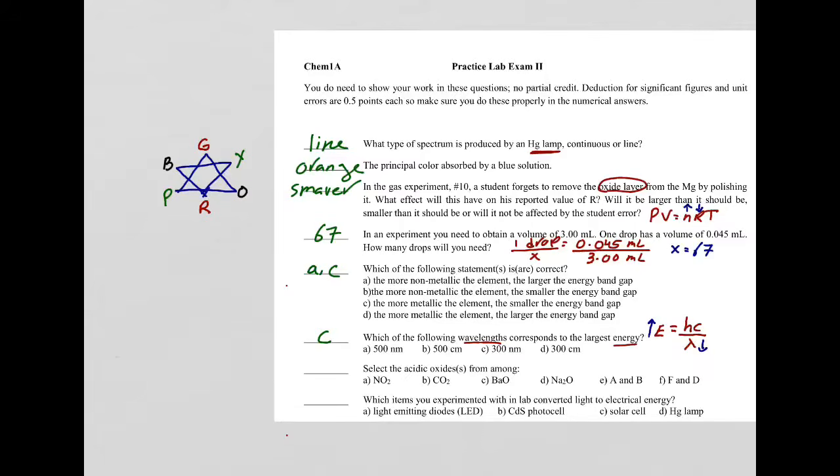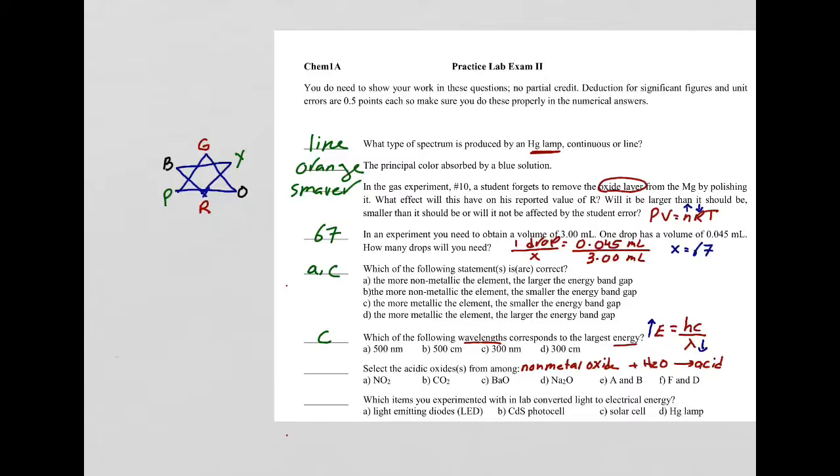Okay. Select the acidic oxide. Now, here's what you need to remember from your lab. To make an acid, a non-metal oxide plus water forms an acid.